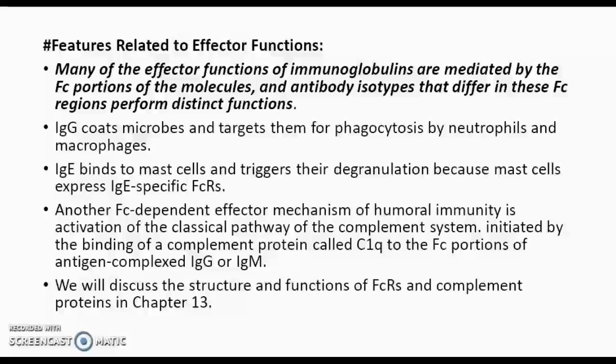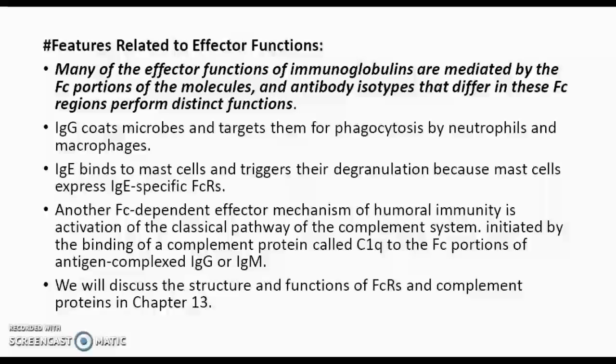Many of the effector functions of immunoglobulin are mediated by the Fc portion of the molecule. Antibody isotypes that differ in this Fc region perform distinct functions. Immunoglobulin G coats microbes and targets them for phagocytosis by neutrophils and macrophages. Immunoglobulin E binds to mast cells and triggers their degranulation because mast cells express IgE specific Fc receptors.